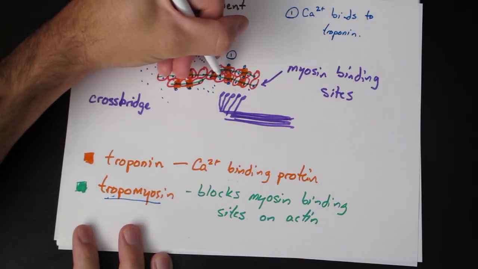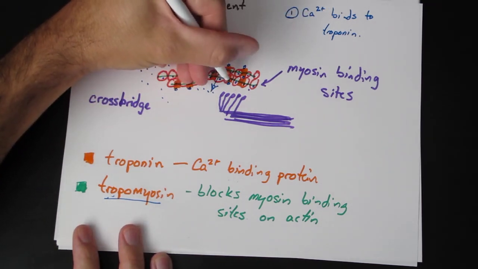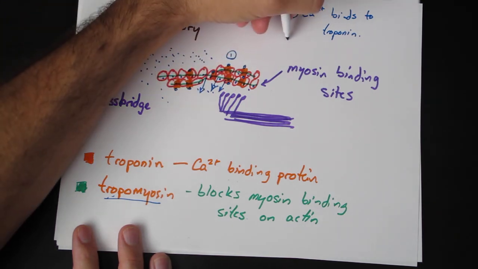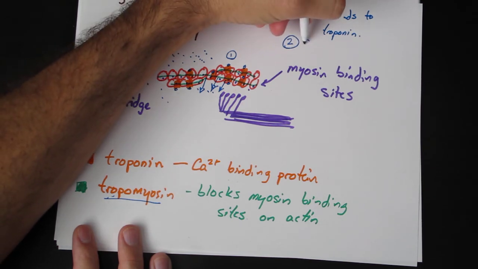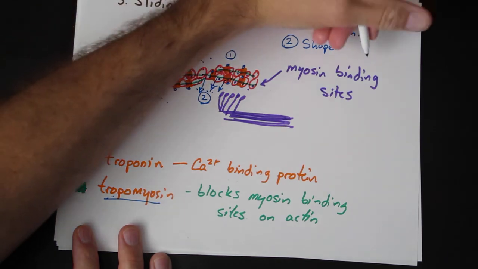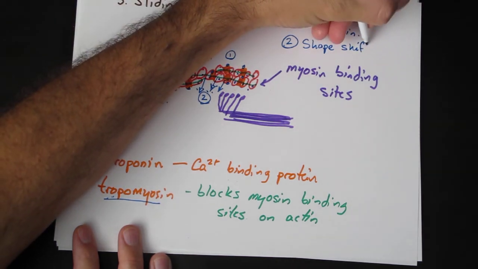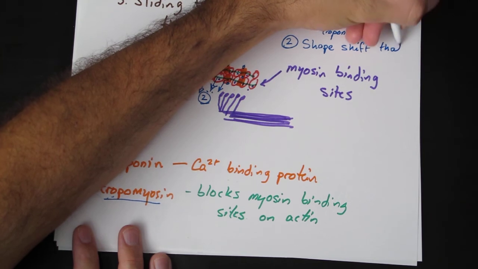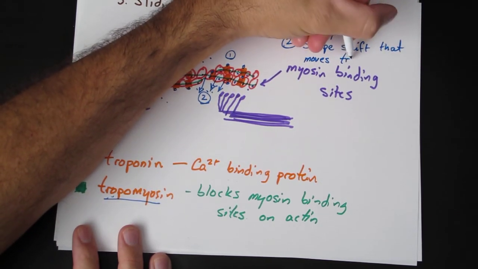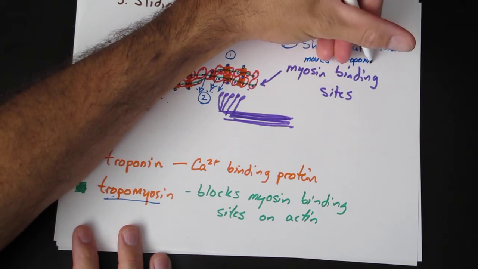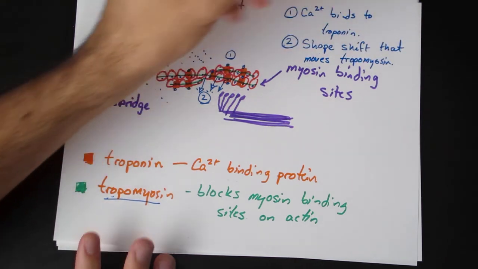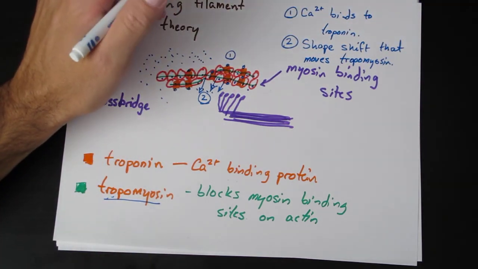So we actually physically are going to be moving tropomyosin out of the way. This is number 2. We have a shape shift that moves tropomyosin.